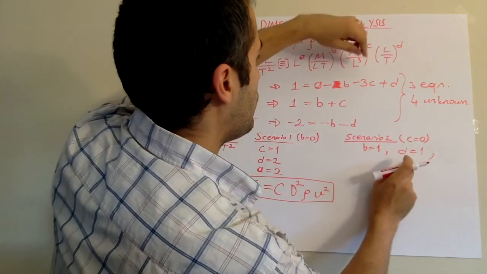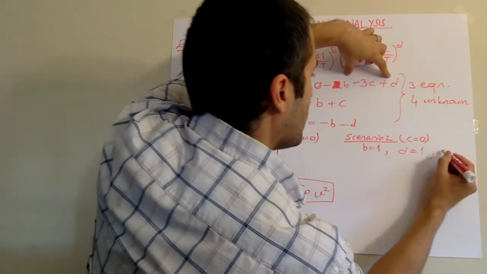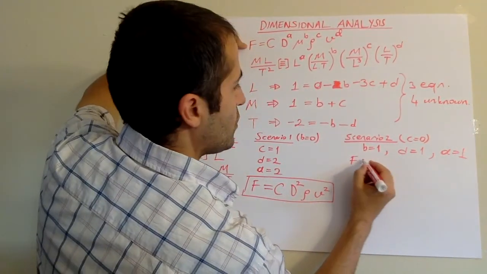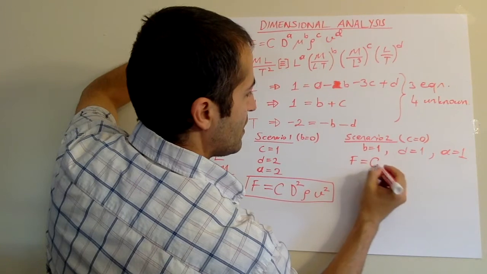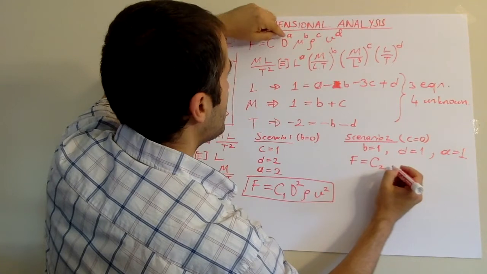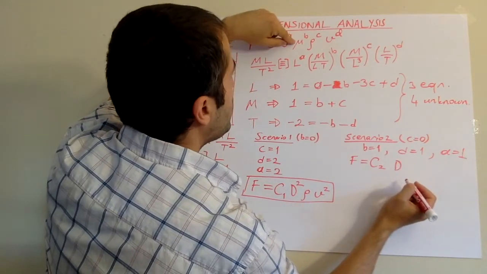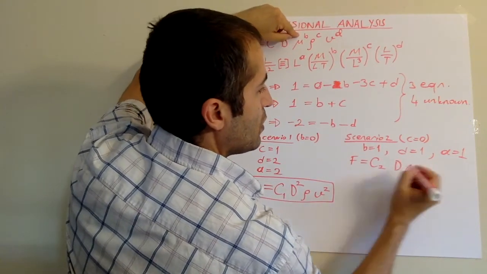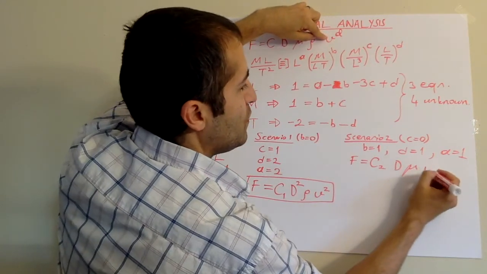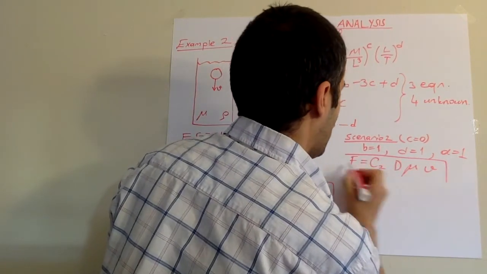And if b and d are 1, these cancel and c is 0, a is going to be 1. This is the second scenario, and for the second scenario, the force is going to be equal to some constant. Let's call this constant 2, and let's call this constant 1. Constant 2 times d to the power a, which is d to the power 1, mu to the power b, which is mu to the power 1, rho to the power 0, v to the power d, which is v to the power 1. So this is the formula for the second scenario.